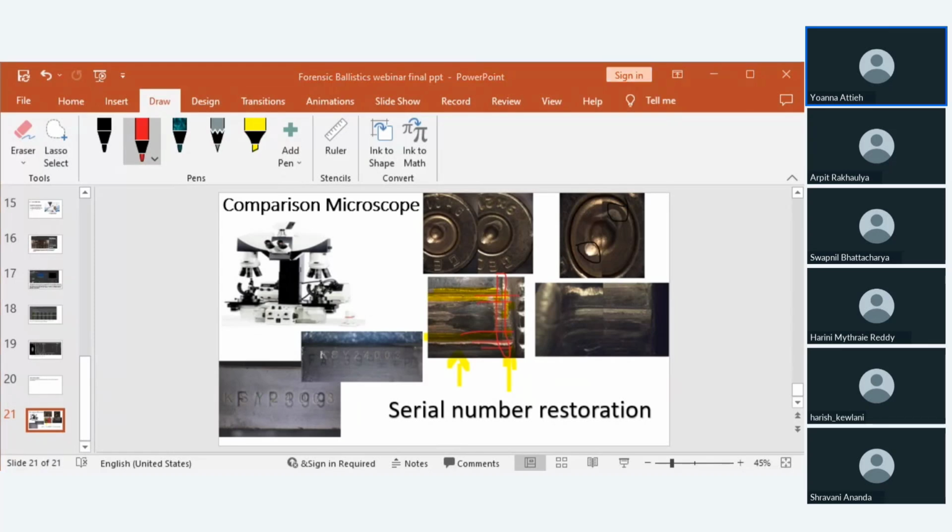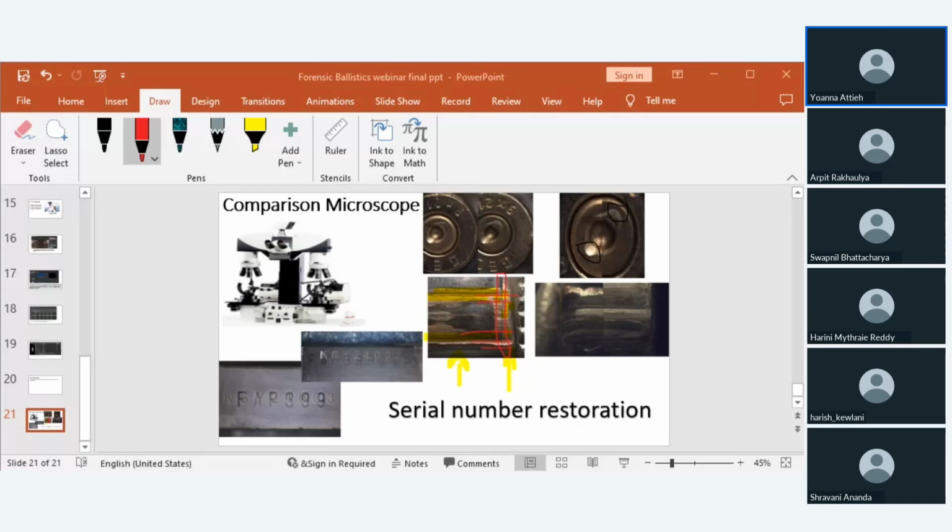Now, in the case of shotguns, which lack rifling, the comparison microscope can still be useful for examining other distinctive characteristics, such as the gauge of the barrel and the presence of any markings on the shell.